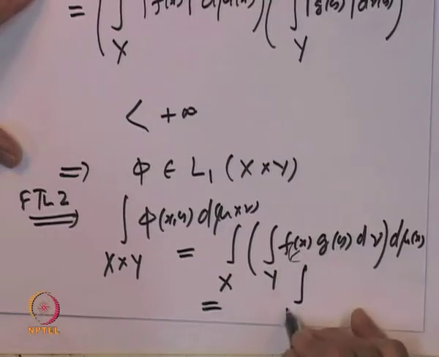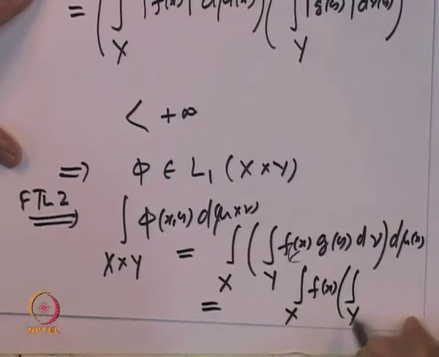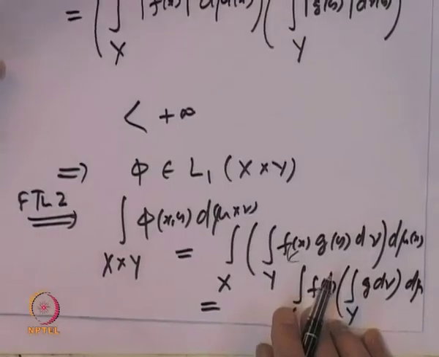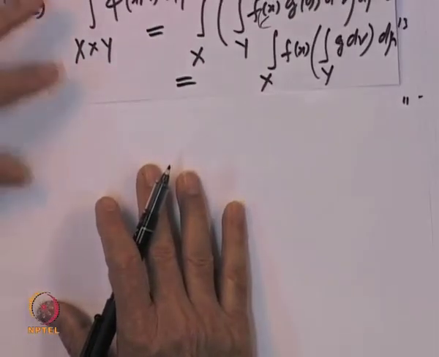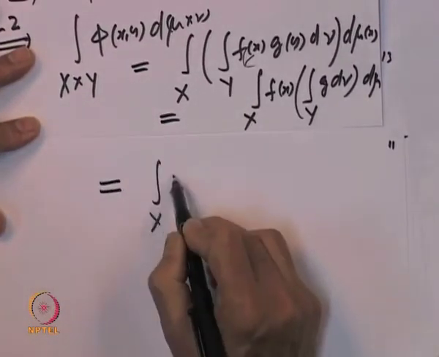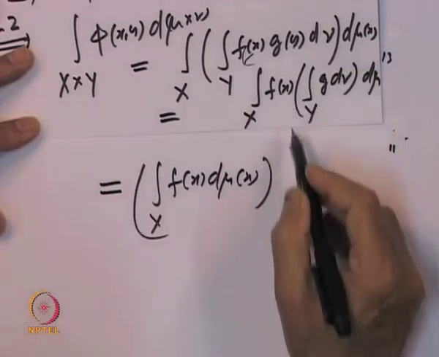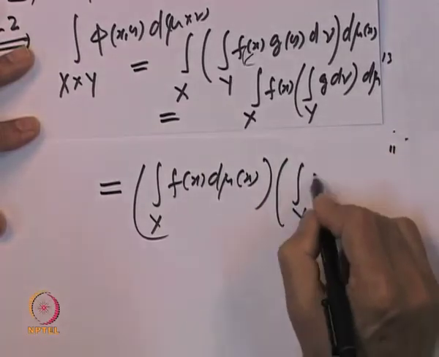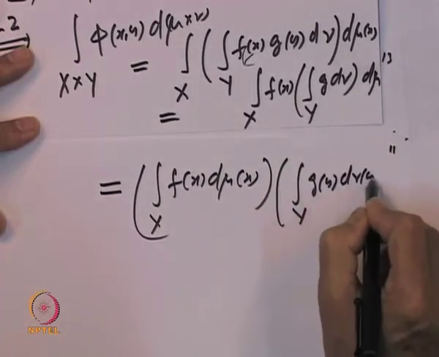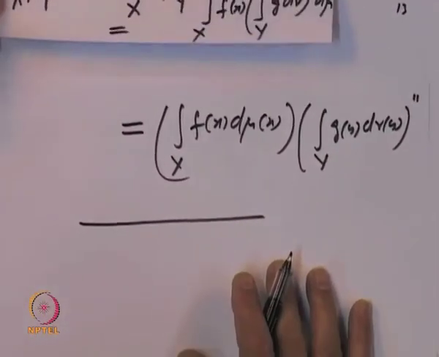So, this is equal to integral over x f x, integral over y g d nu d mu, and that is precisely the integral over x of f x d mu x, the first one, and the second one is integral over y g y d nu y, right. So, that is how Fubini's theorem is applied.